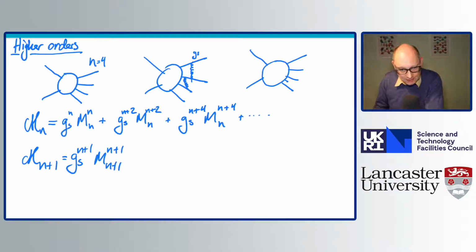So g_s^(n+1) M_(n+1) plus, and then the higher order correction, again by the same argument as before, would have g_s^(n+3), because if we keep the number of legs fixed, then any emission has to be reabsorbed.